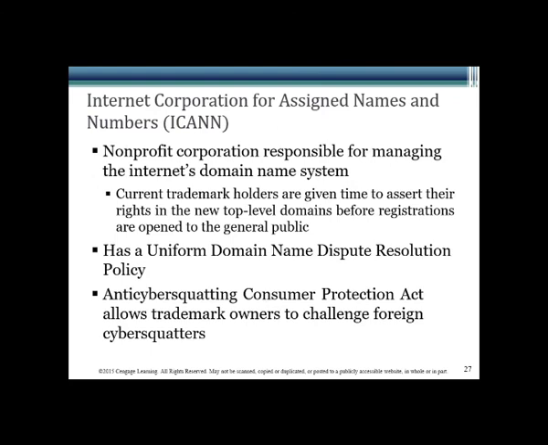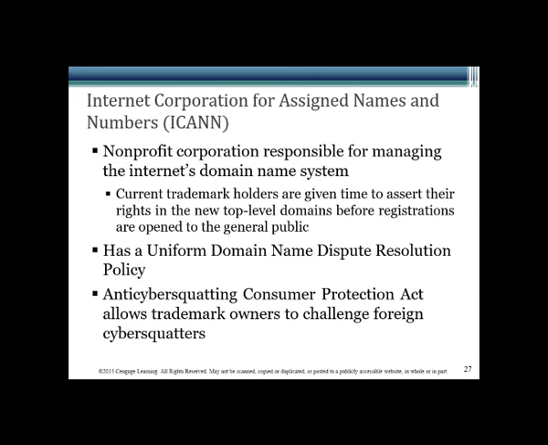Internet Corporation for Assigned Names and Numbers, or ICANN. Other tactics can also help curb cybersquatting. For example, the Internet Corporation for Assigned Names and Numbers, or ICANN, is a non-profit corporation responsible for managing the Internet's domain name system.